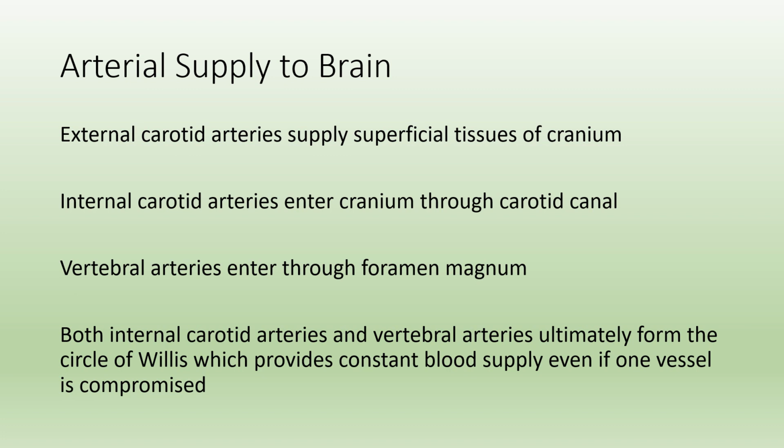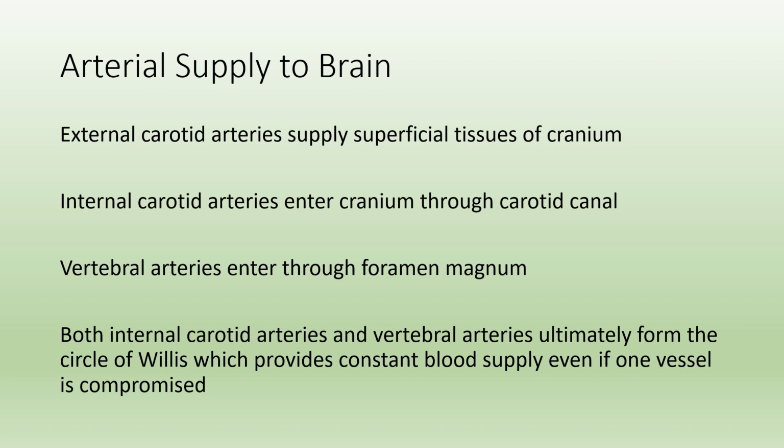It allows the spinal cord to connect to the brain, but it also allows some of these arteries to enter from a different location than your internal carotid arteries. You don't want all the blood arriving and entering at the same spot. You want it to be able to come in at multiple areas.